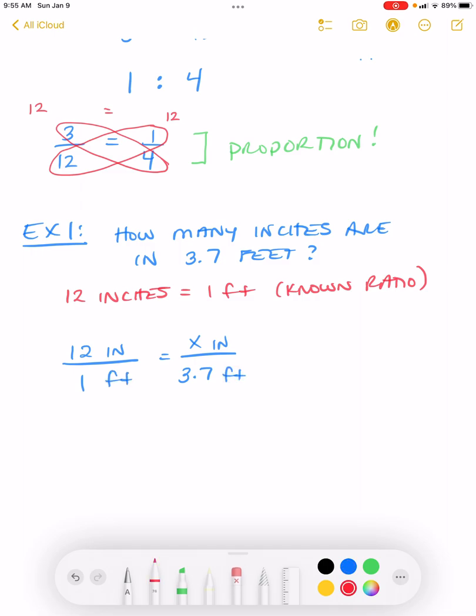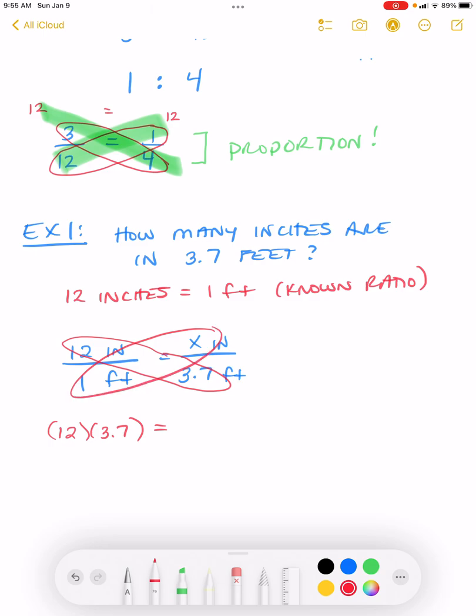So the way that we solve this proportion is very similar to what I did up here when we cross-multiplied the diagonals. And so what I can do is I can start by taking 12 times 3.7 and set that equal to the diagonal of 1 times x. Okay, so get a calculator.